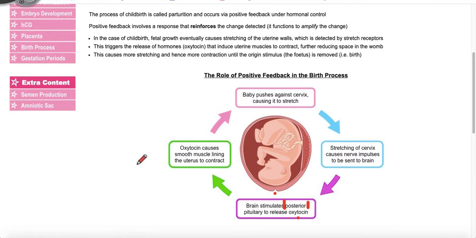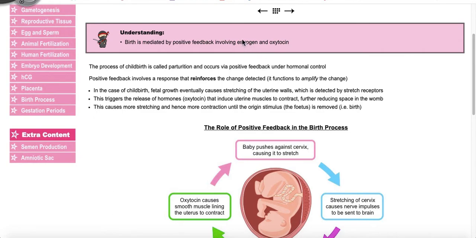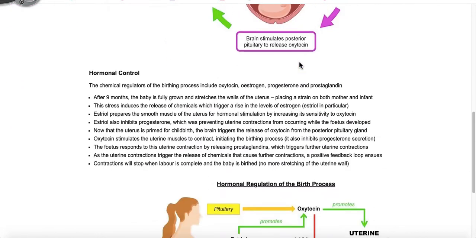Okay, so if a female is taken to the hospital, perhaps because it's after the 40 weeks and a doctor needs to induce the birthing process, the doctor is going to inject intravenously these hormones, estrogen and oxytocin, to induce the birth process.